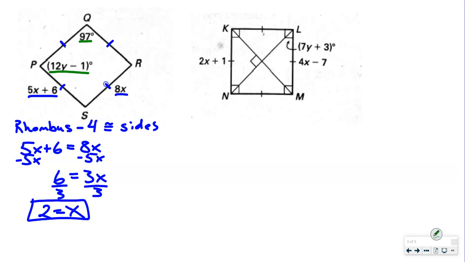So we know it's a rhombus, so I know my consecutive angles are not congruent, but they will be supplementary. So that means I have to add up to 180. So 12y minus 1 plus 97 equals 180.